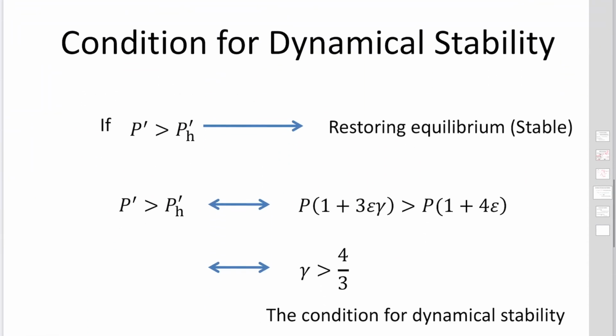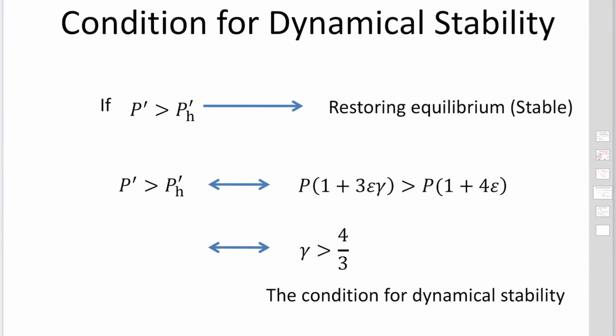Condition for the dynamical stability: if the increased pressure P prime by the compression is larger than the hydrostatic pressure, then the pressure is larger than gravity, and the star is going to expand and return to the original state, restoring equilibrium. So in this situation it is stable. We'd like to find the condition for stable equilibrium.